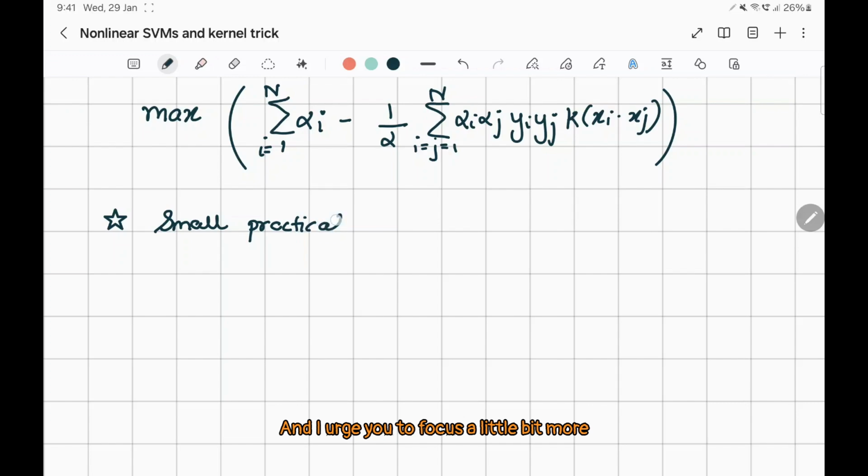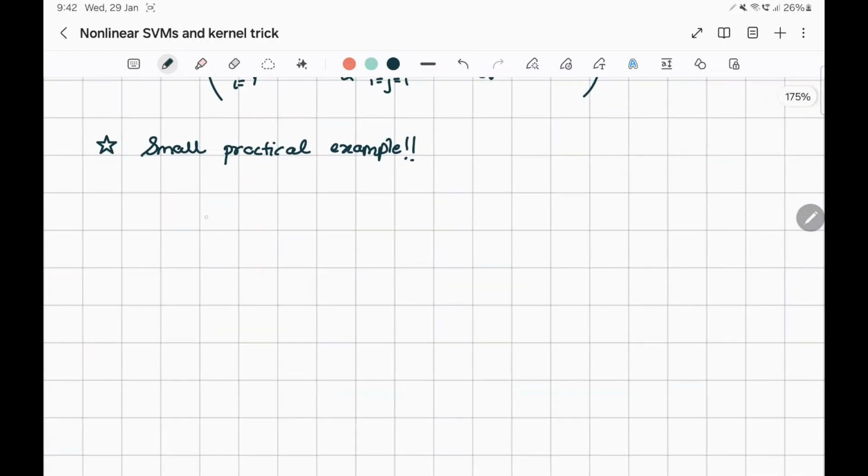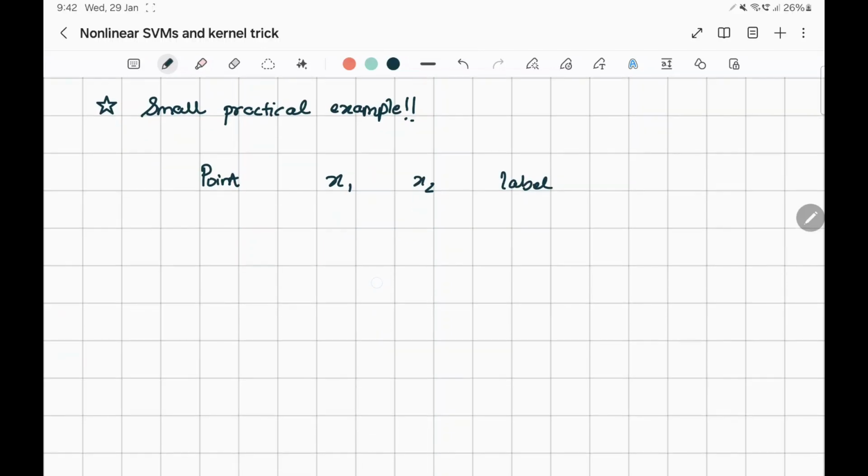And I urge you to focus a little bit more now. Say we have points A, B, C and D: (1, 2), (2, 0), (1, 1), (-1, -1).